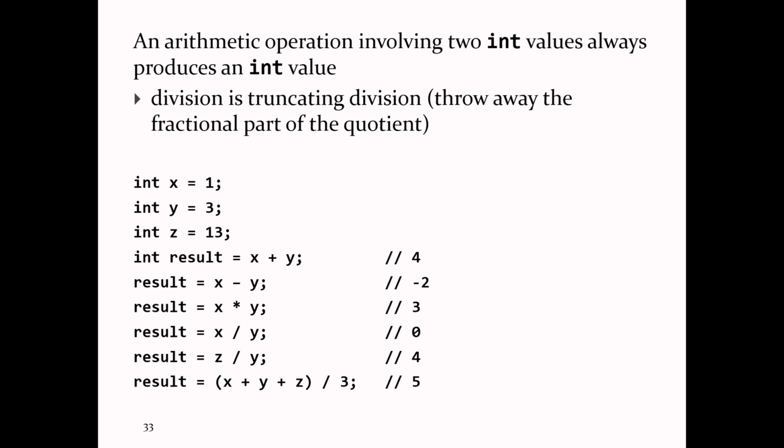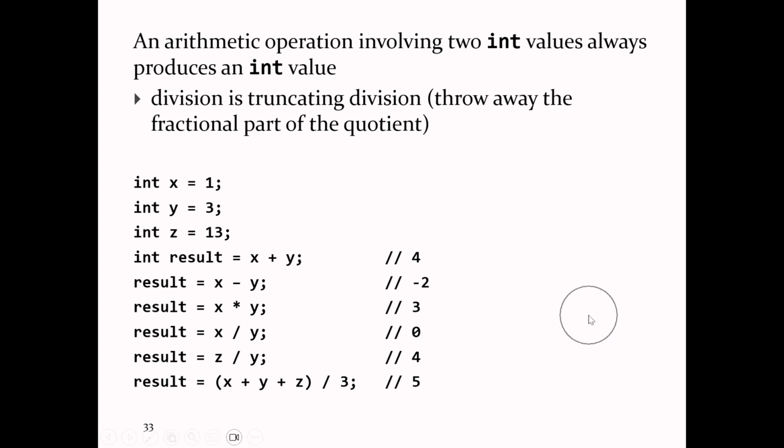So if I take 1 divided by 2, the result is an int. Works exactly the same way as in C. So here I've got 1, 3, and 13. If I add x and y, 1 and 3, I get 4. If I divide x and y, it's 1 divided by 3, and that does integer division in both languages.